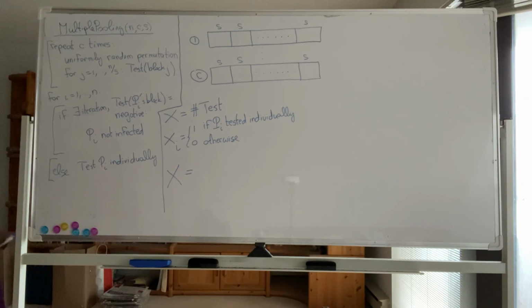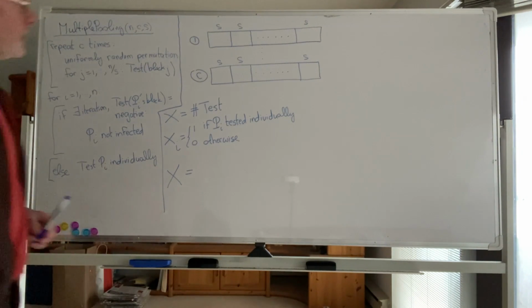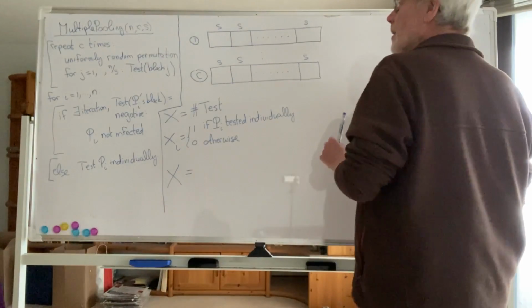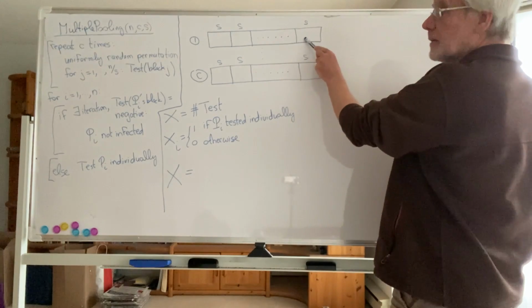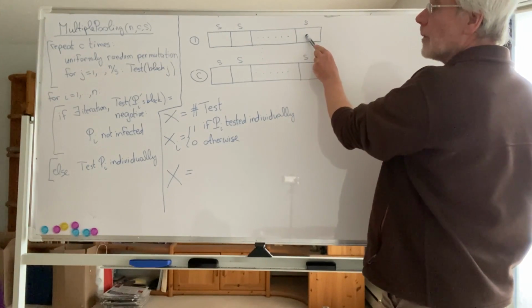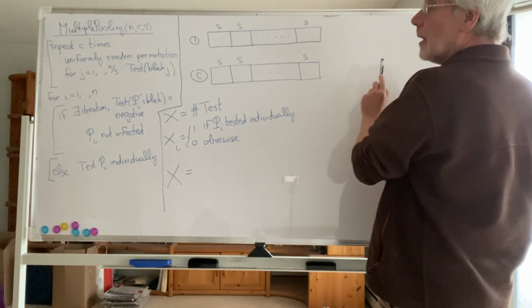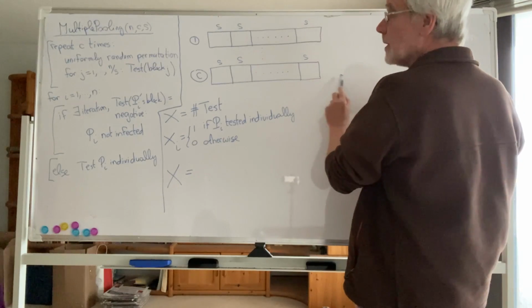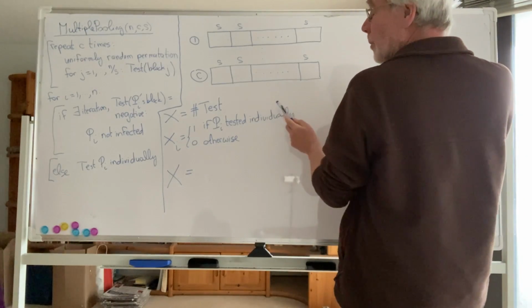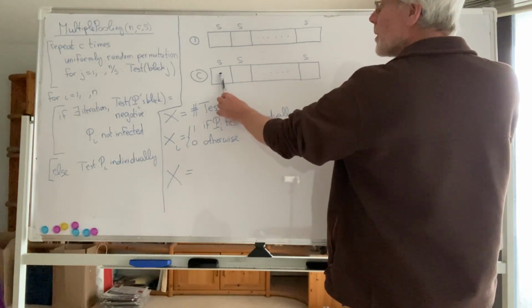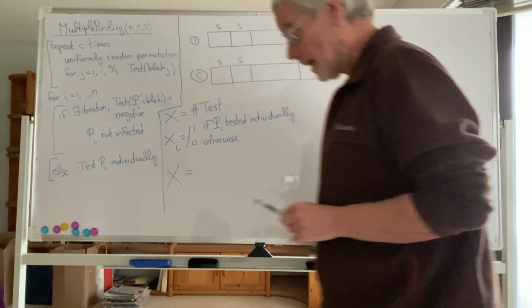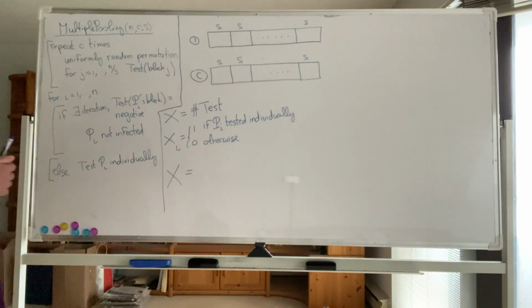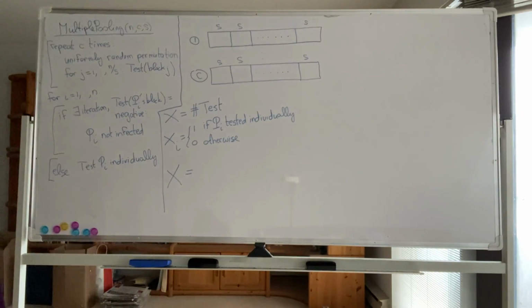Otherwise, that means in every iteration, so in iteration 1, maybe person number I is in this block, and the test for this block returns positive. And for the last permutation, maybe person number I is there, we run the test on this block here, and again, the result of the test is positive.